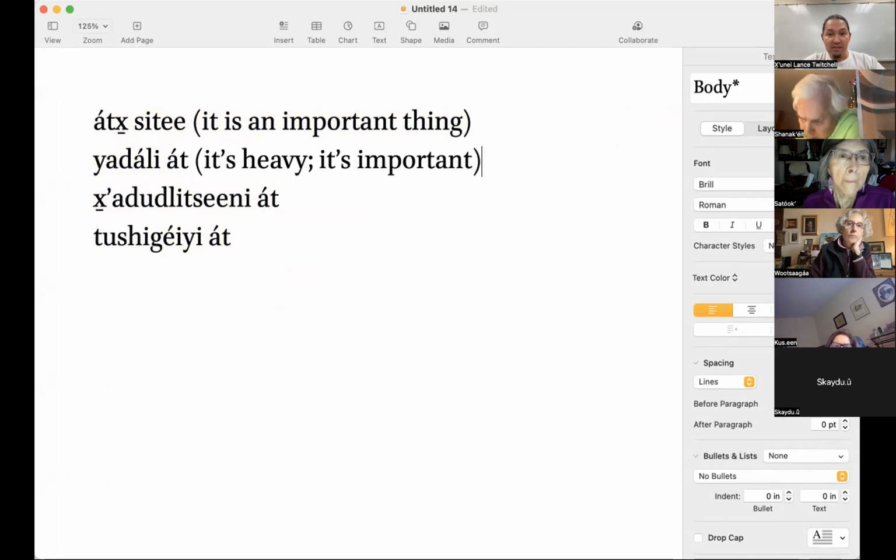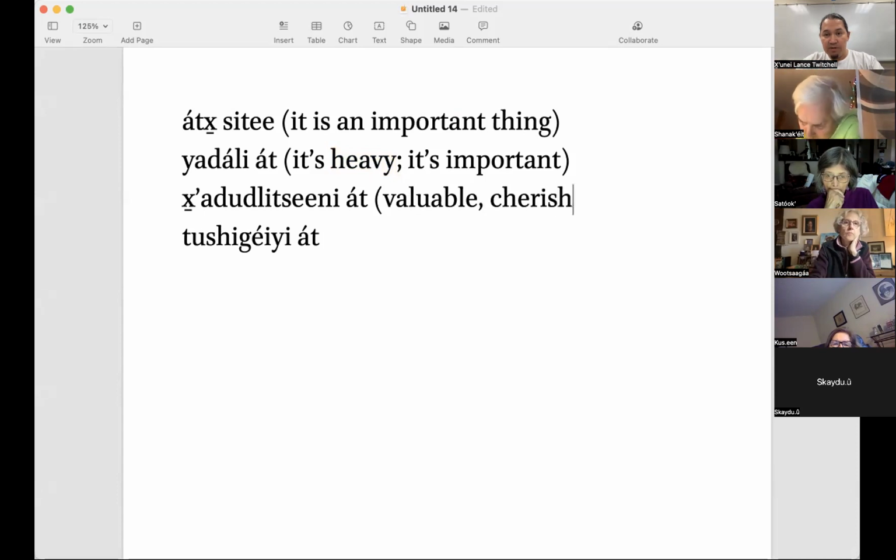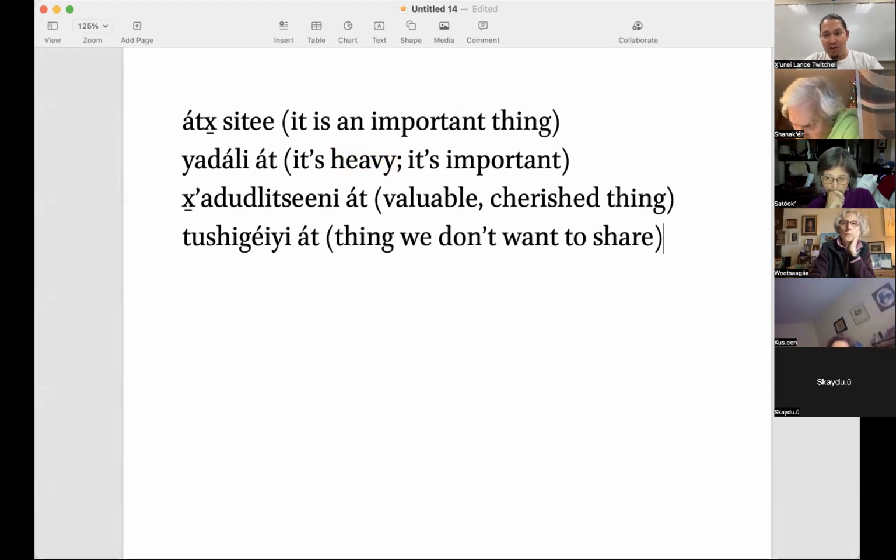And just remember, this heavy could mean literally heavy, like it weighs a lot, but it could also mean heavy as in very serious. It's a real heavy topic. ʼatudli.ák would be a valuable, cherished thing. And then ʼtushigé would be a thing we don't want to share.